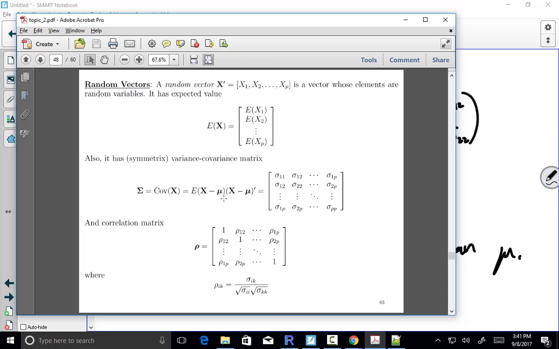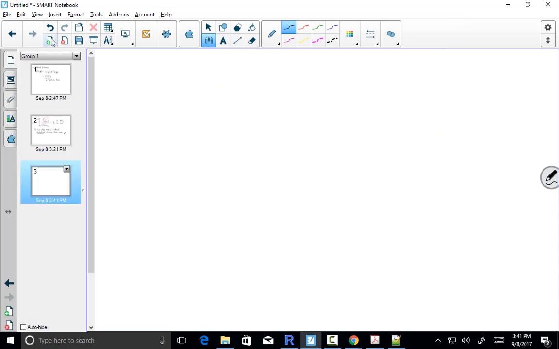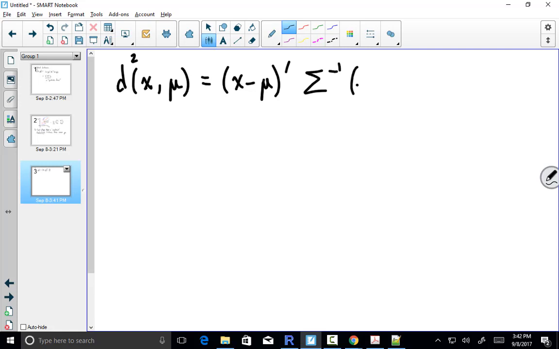The product is x minus mu transpose. That looks kind of similar to the statistical distance that we saw. The statistical distance between x and mu, squared version, is x minus mu transpose sigma inverse x minus mu.